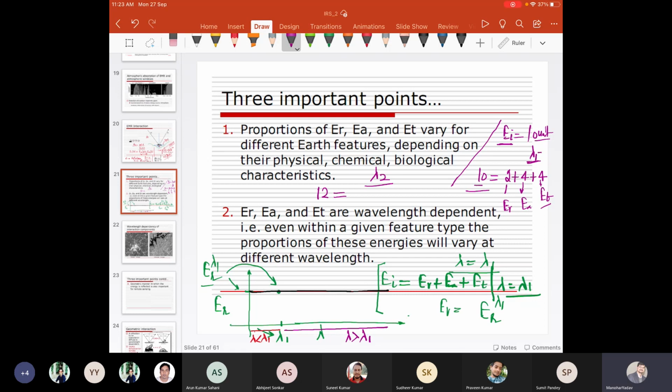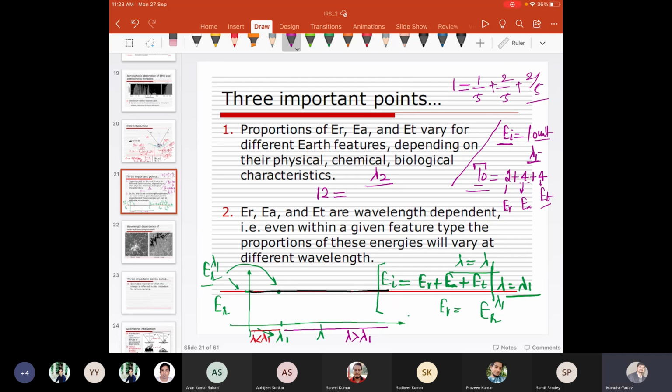Now in case of 10, it is divided in the form of 2 plus 4 plus 4. If you normalize it by 10, it will be 1 by 5 plus 2 by 5 plus 2 by 5.